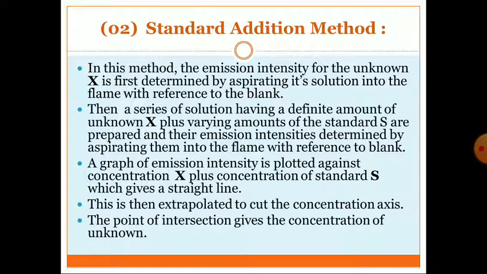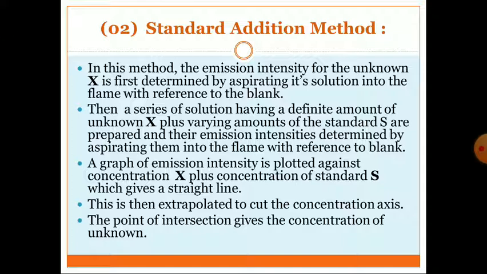We first have to take a particular unknown solution. Suppose we have taken 5 ml of the unknown sample solution; measure its intensity. Then we have to keep 5 beakers, each containing 5 ml of the unknown sample solution. In the first sample solution we are not adding any standard s, but into the second, third, fourth and fifth we are going to add increasing amounts.